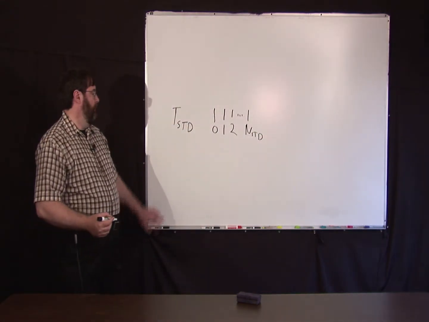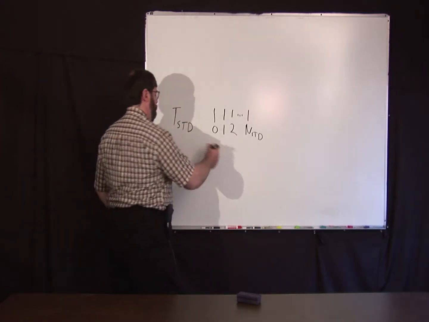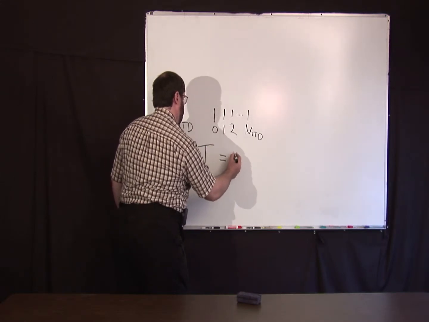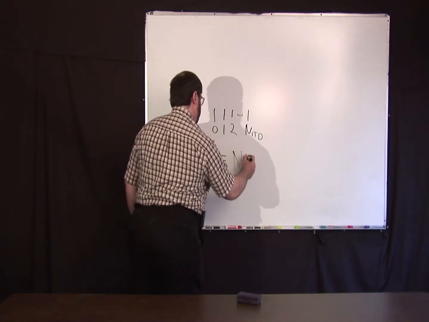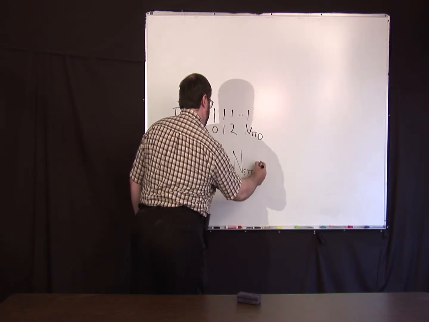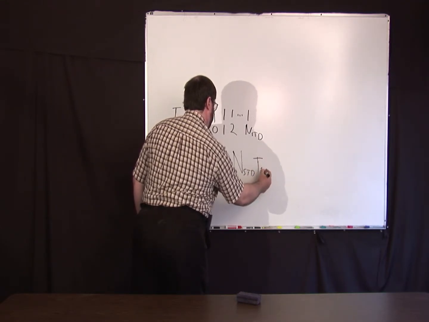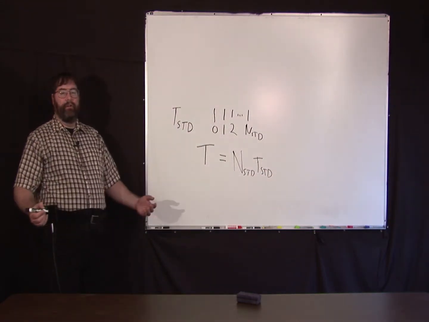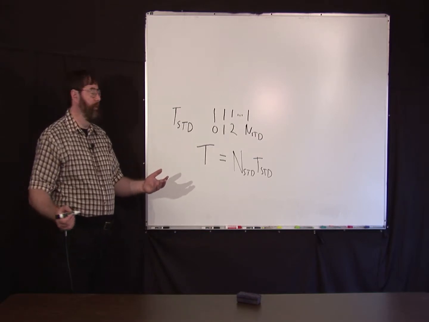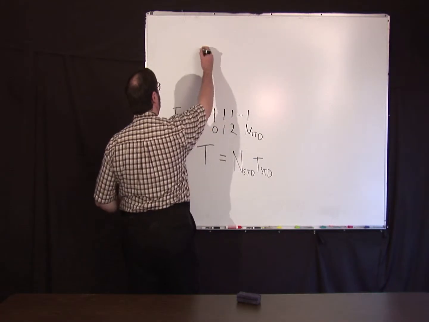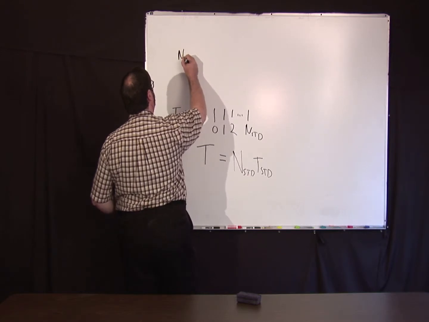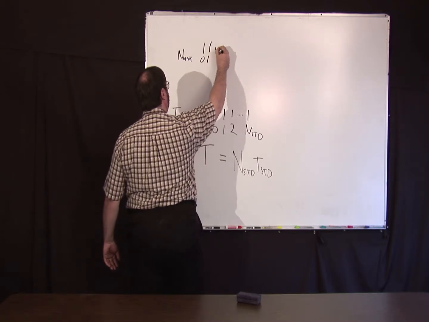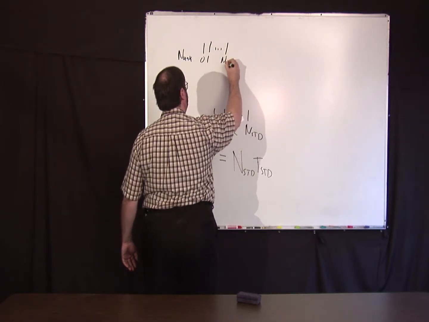Okay. In that time, the time elapsed is equal to n standard times the period of the standard. Okay. So let's say you wanted to measure some unknown frequency. Well, you'd count it too, starting at 0, say n unknown. You just start counting pulses, 0, 1, dot, dot, dot, n unknown.